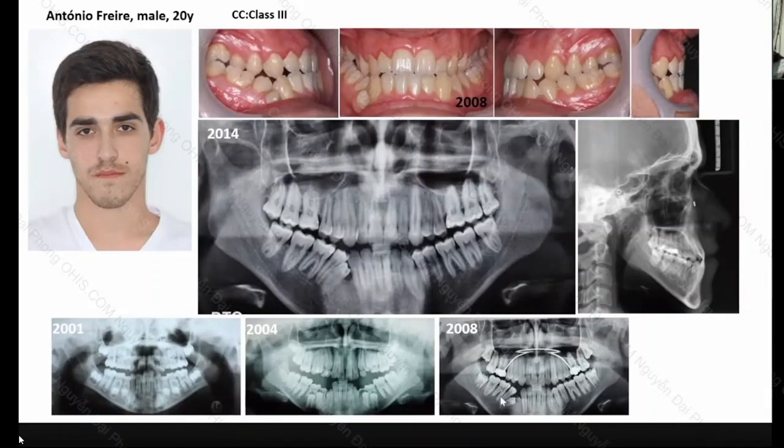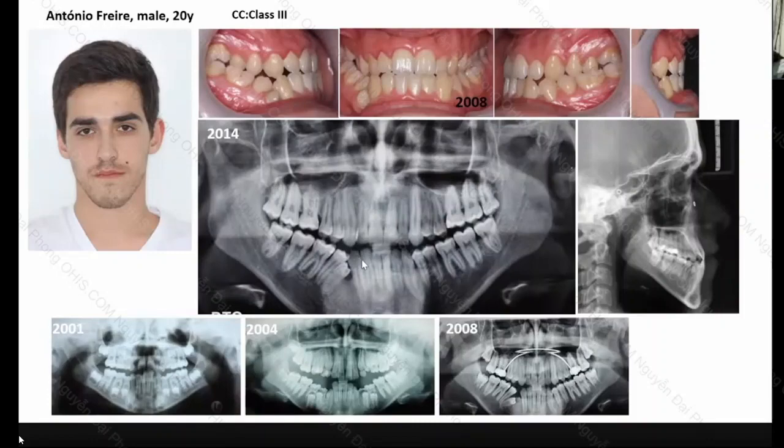That's why tooth number 4, 5, something like an impaction of tooth number 4. This kind of problem happens.